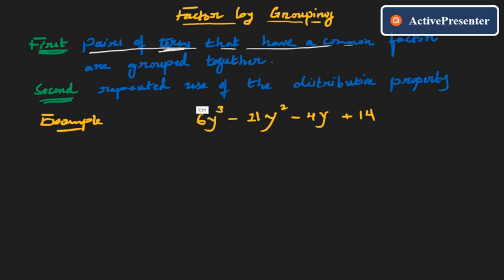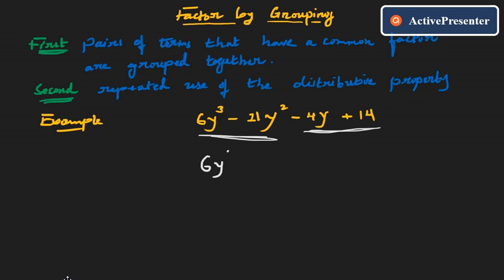What are the terms that have a common factor? We can group these two together, and also we can group these two together. How to proceed? So we will take 6y cubed minus 21y squared grouped together.